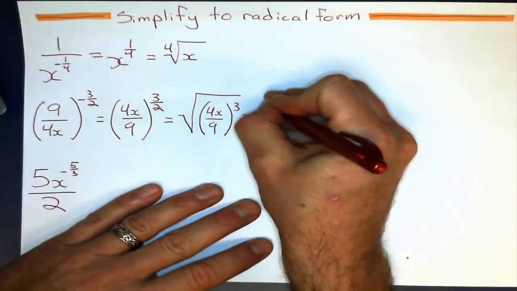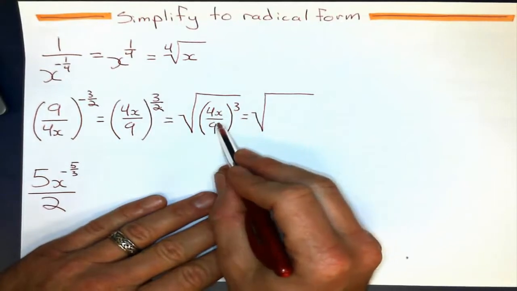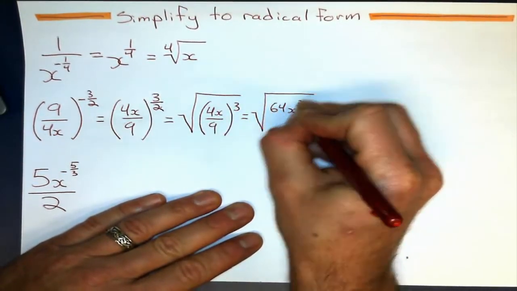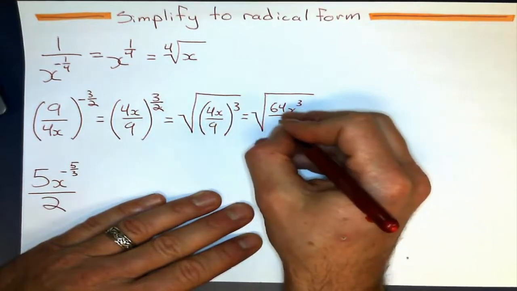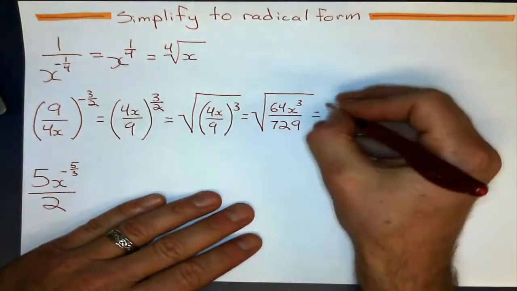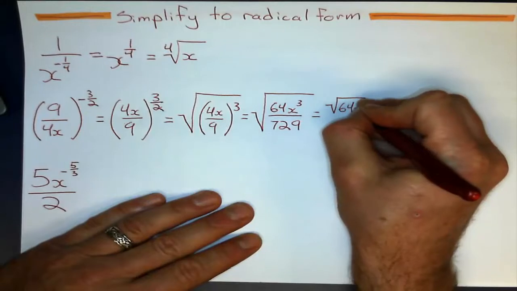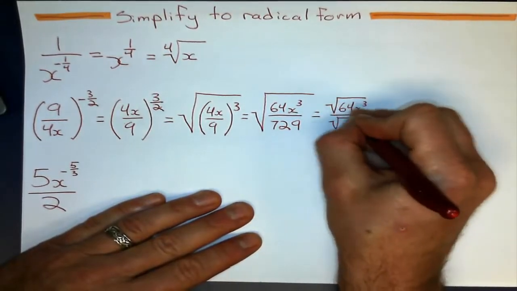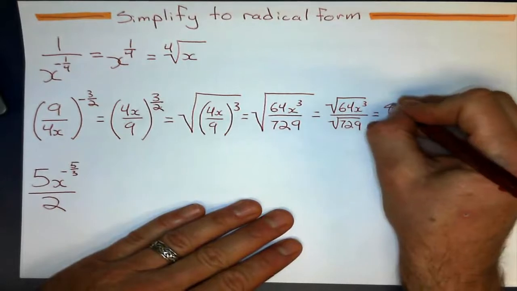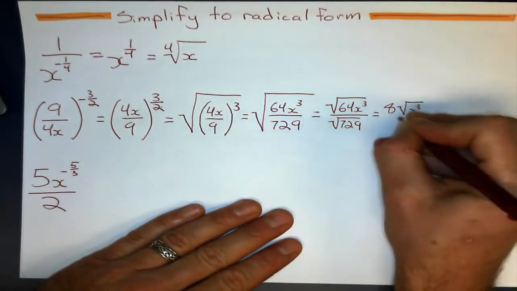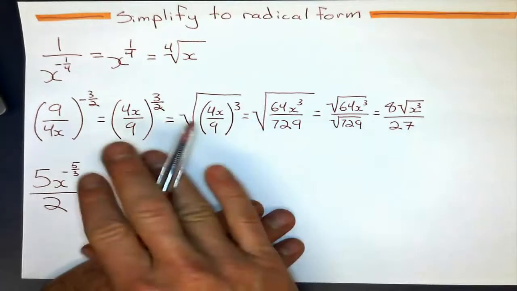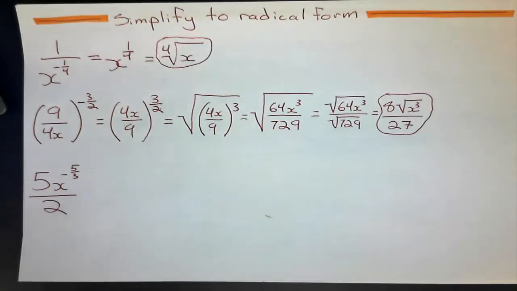Now I'm going to cube every part of that fraction. 4x cubed is 64x cubed. And 9 cubed is 9 times 9 times 9, 729. Now when I square root a fraction, I square root the top and I square root the bottom. The square root of 64x cubed is 8 with x cubed left under the radical, and 729 is a square number, I think, 27. Okay, done and dusted there.